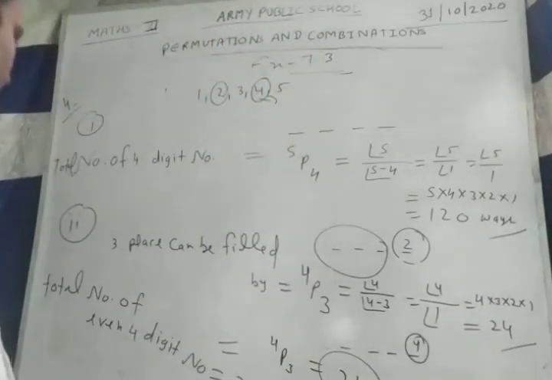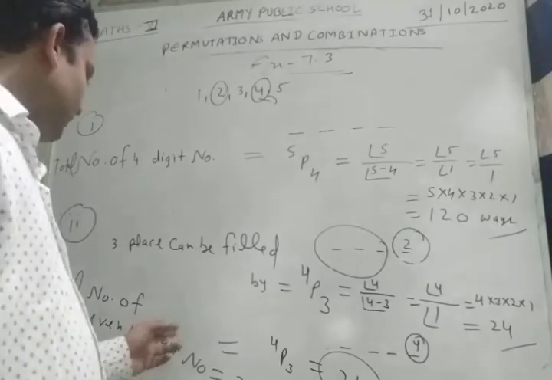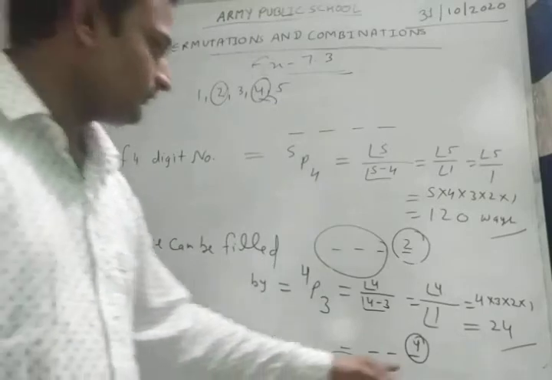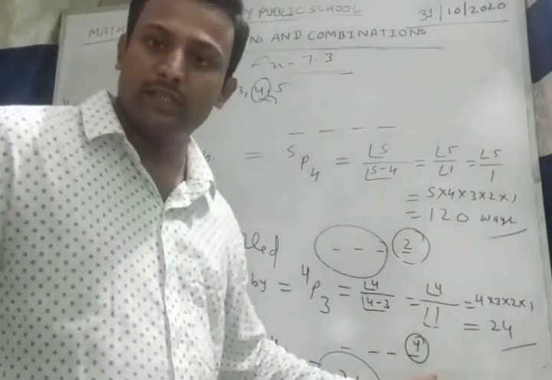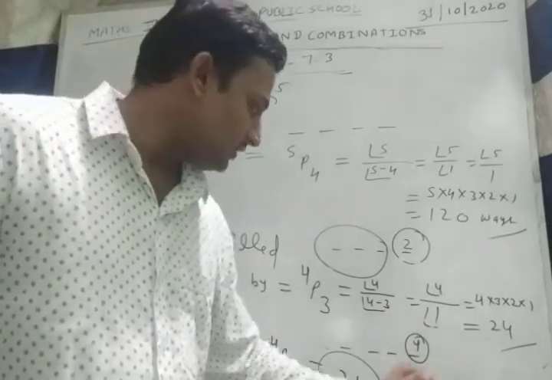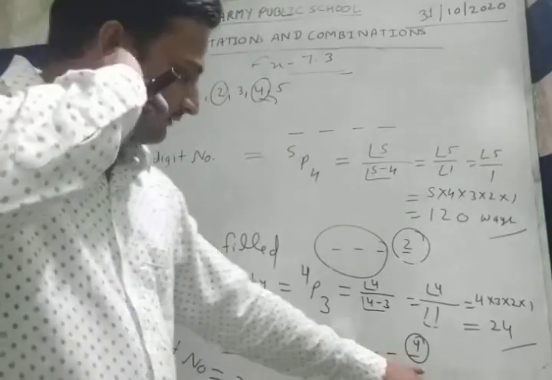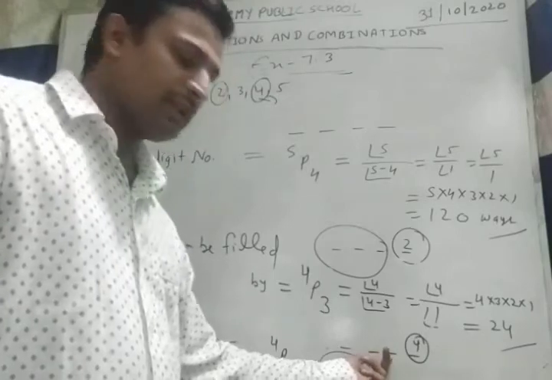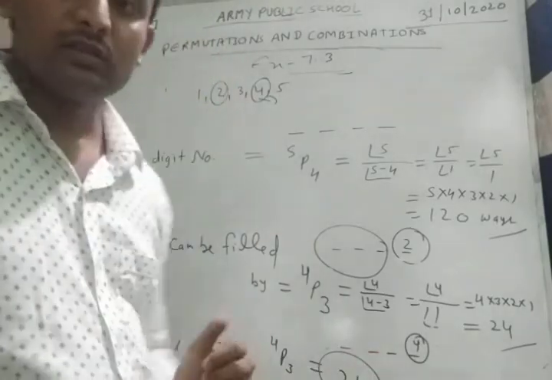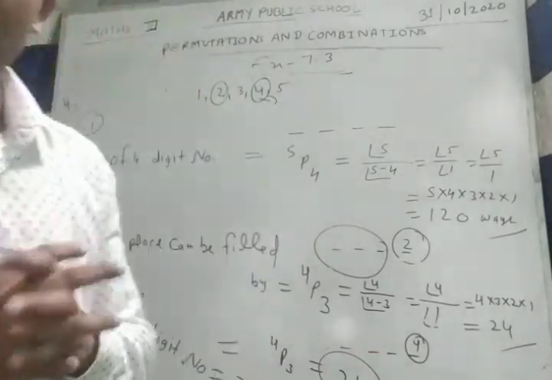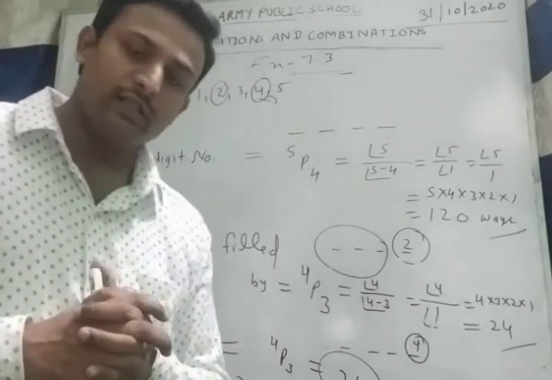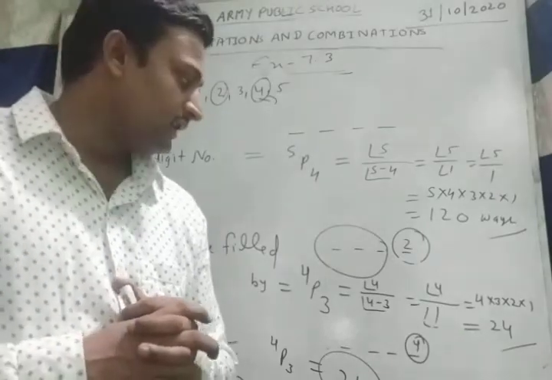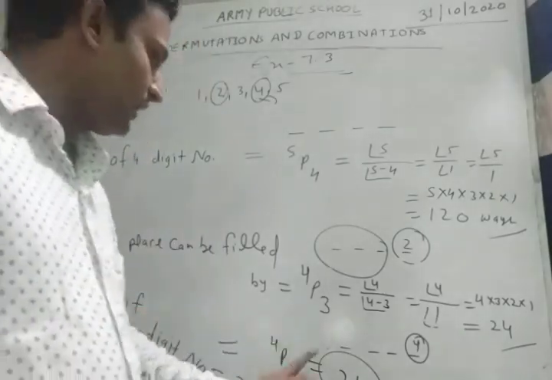Now our 4 can also be placed at the unit place because it is also an even number. So at the unit place we can write 4, so it can be fixed. Now again there are 3 places and we have 4 numbers. So 3 places can be filled from 4 numbers by 4P3 ways.